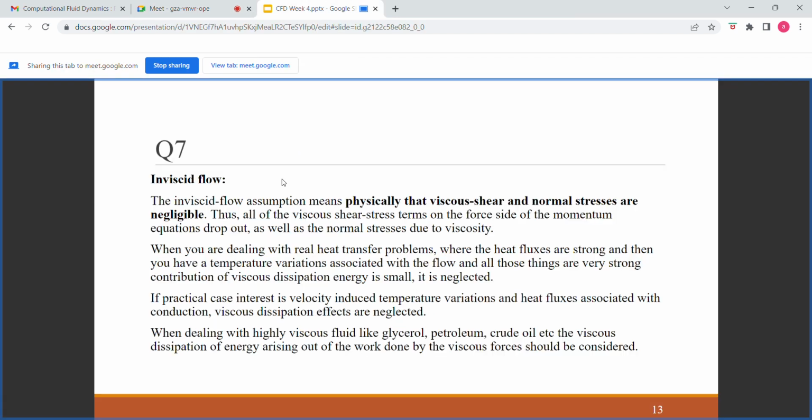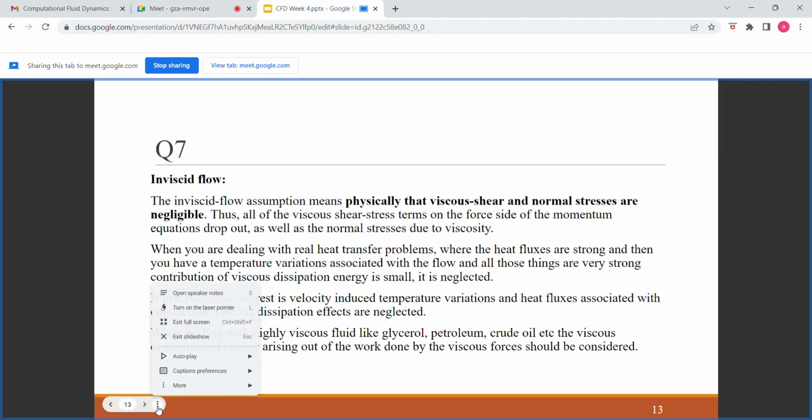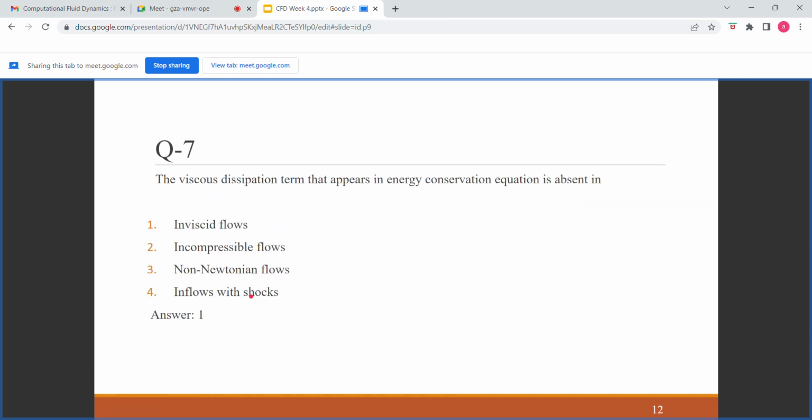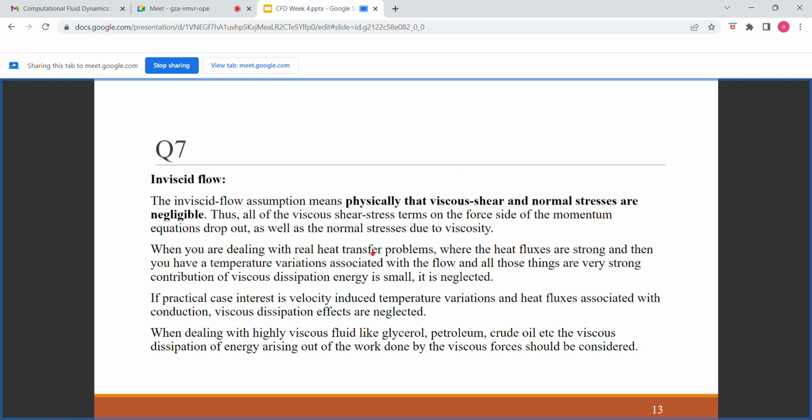So I would like to make a point over here, regarding the viscous dissipation term that appears in the energy conservation equation, which is absent in inviscid flows. When we are dealing with real heat transfer problems where heat fluxes are strong and there is a temperature variation associated with the flow, the contribution of viscous dissipation energy is very small, so it is neglected.